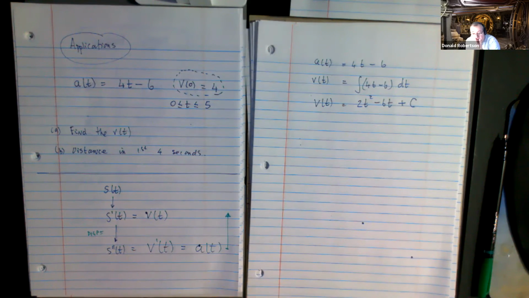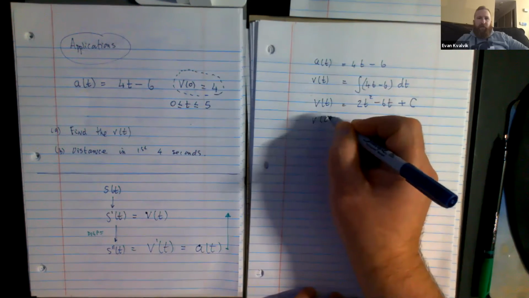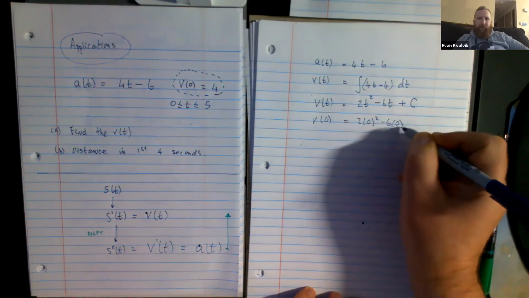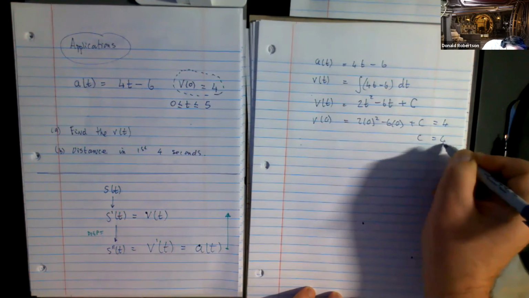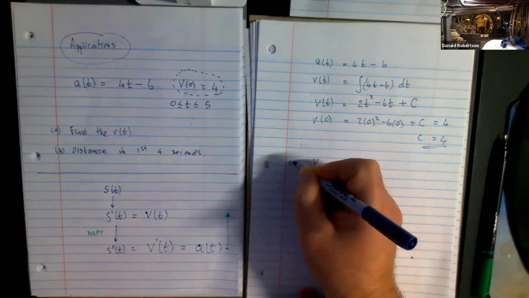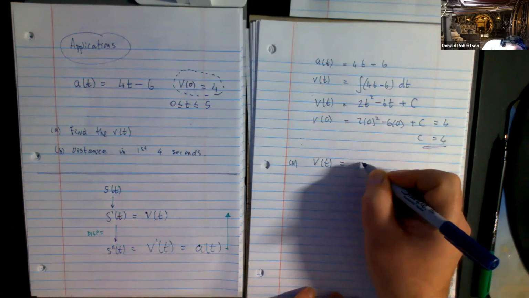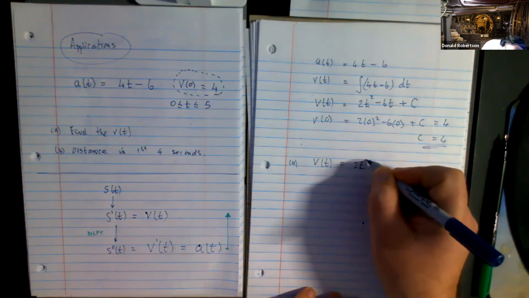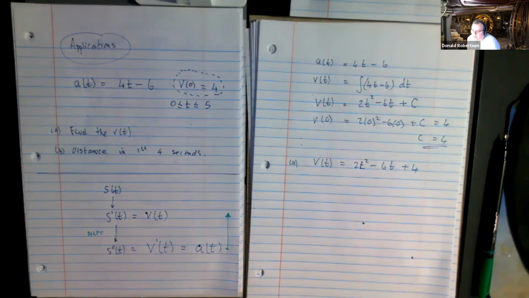If you make the t's 0, then c has to equal 4. So I have now answered question A. The velocity is 2t squared, take away 6t plus 4.